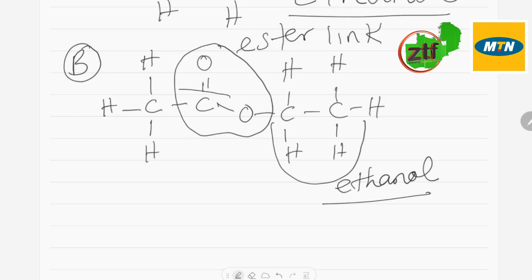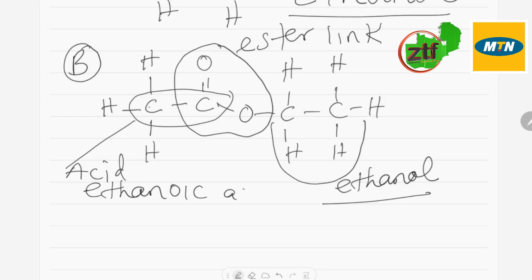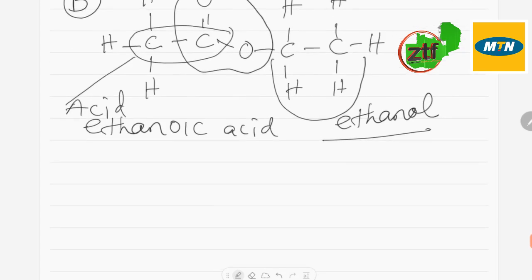And these other carbon atoms give us the acid used. The acid that contains 2 carbon atoms is known as ethanoic acid. So these are the 2 substances used to make this compound here.